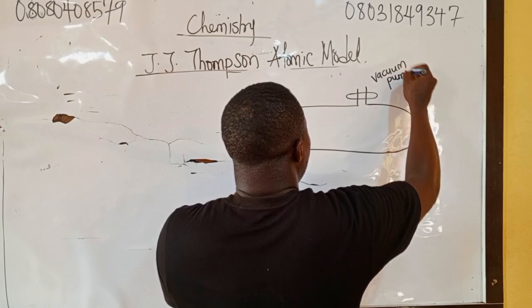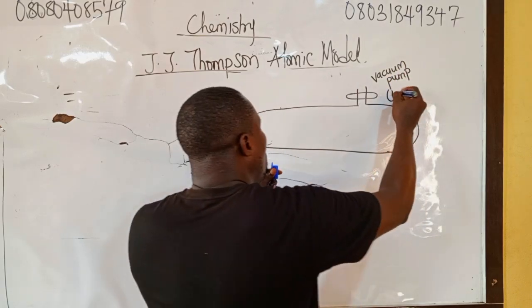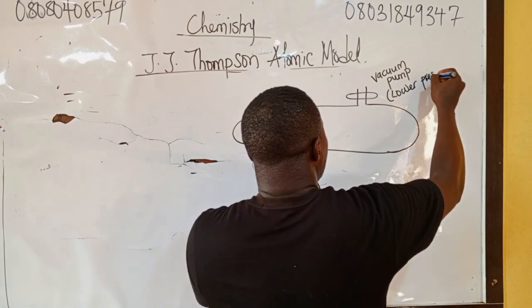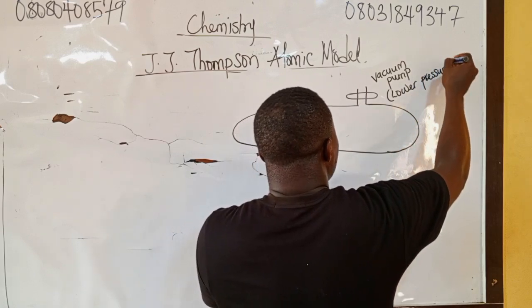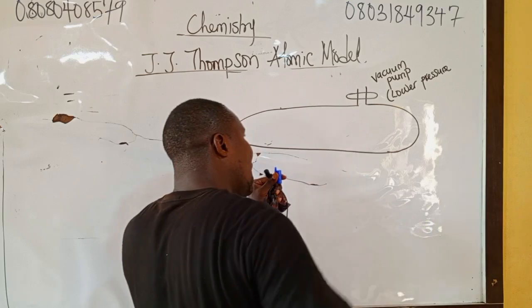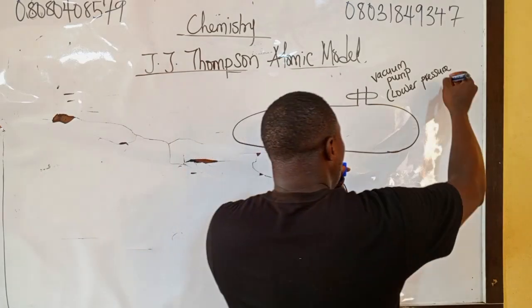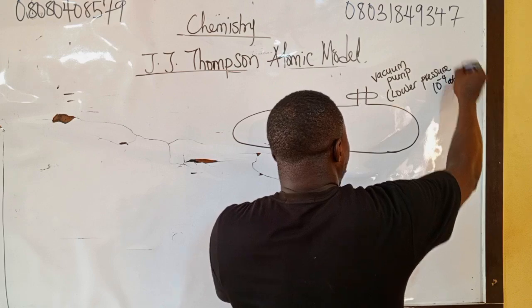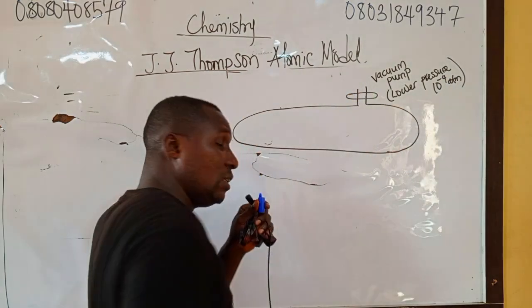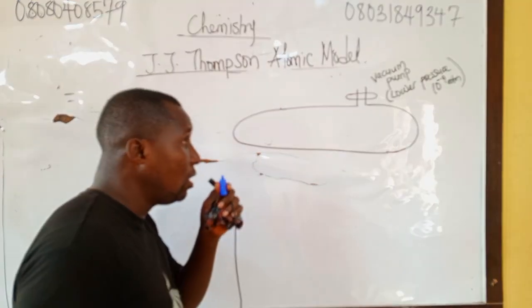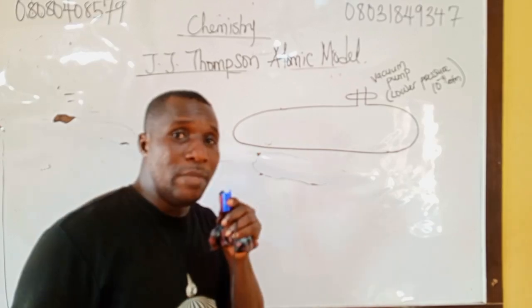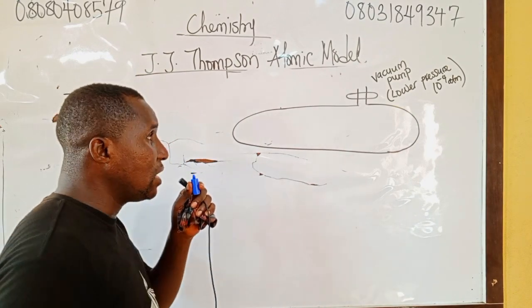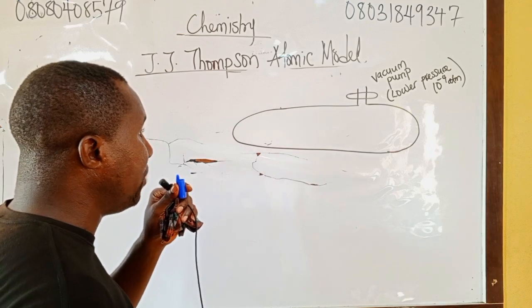The function of this vacuum pump is to lower the pressure of the gas inside the glass discharge tube to about 10 raised to the power minus 4 atmosphere. The function of this is to lower the gas pressure and to maintain a low pressure.